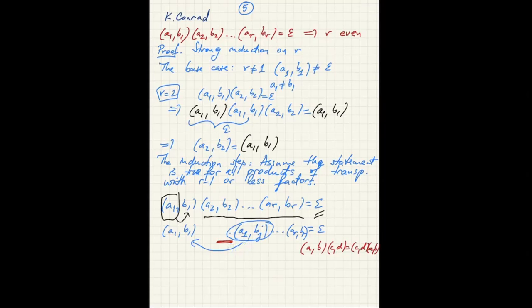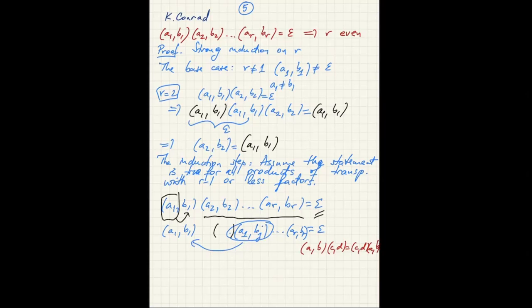Okay. Now, what happens if the permutation immediately to the right of A1 BJ is not disjoint from A1 BJ?